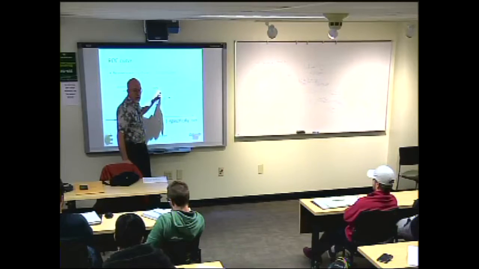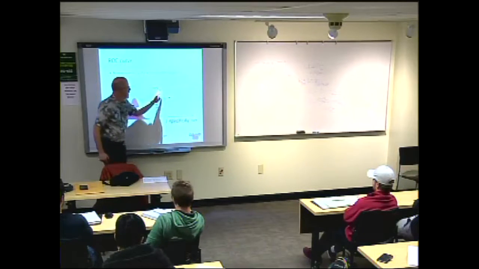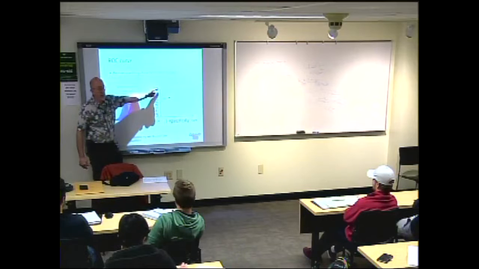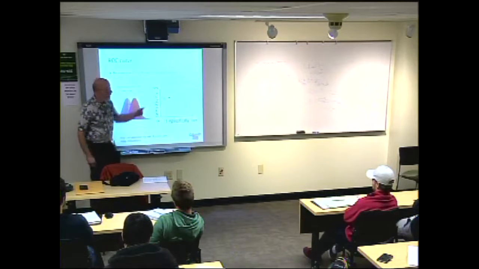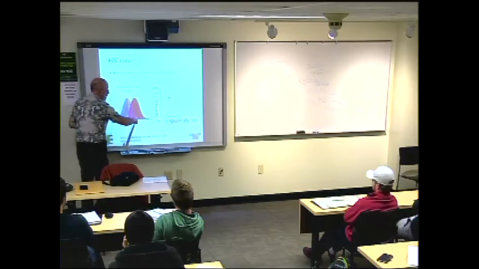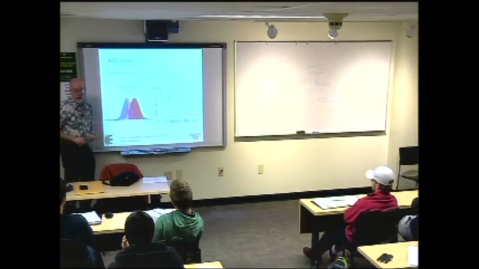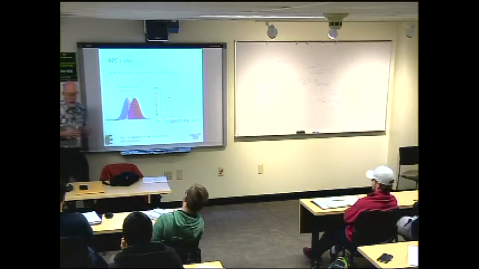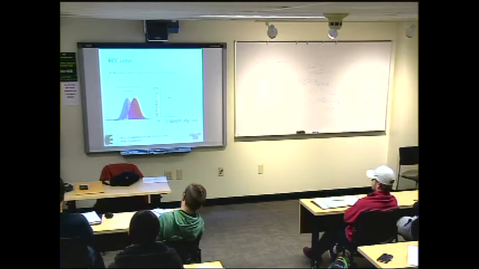In this corner, I have a 100% sensitive and 100% specific test. That would require these two to be so well separated that I can draw a threshold between them and none of the tails overlap on it. And so I could look at how much these overlap by using some statistics.